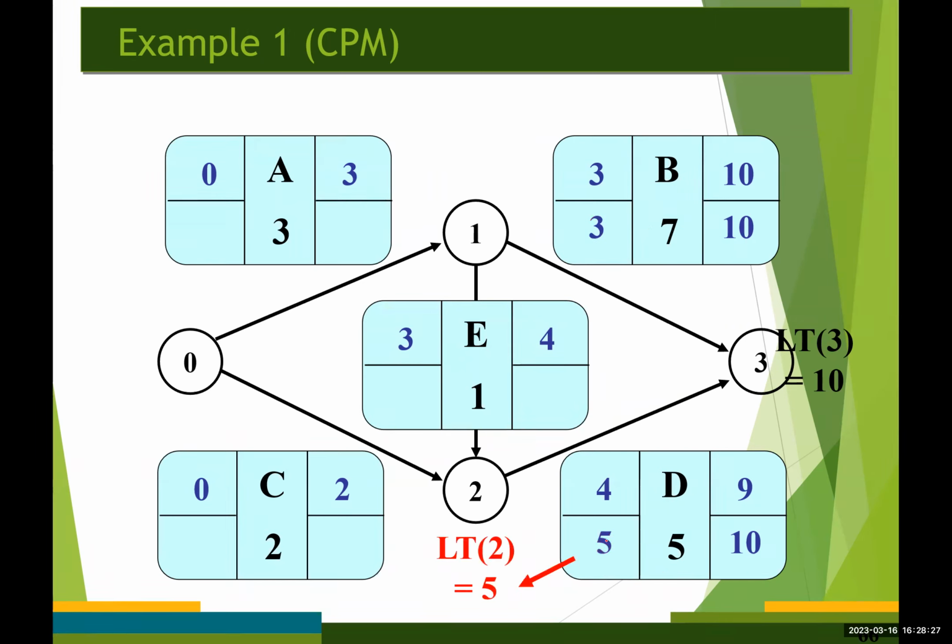And the latest time for event number 2 becomes 5, from the latest start time of activity D. The latest finish time for activity C becomes 5. And the latest start time for activity C is going to be 3, which is from 5 minus 2.